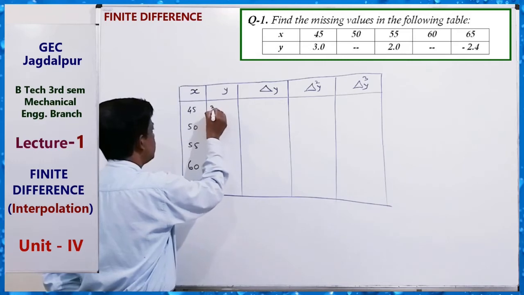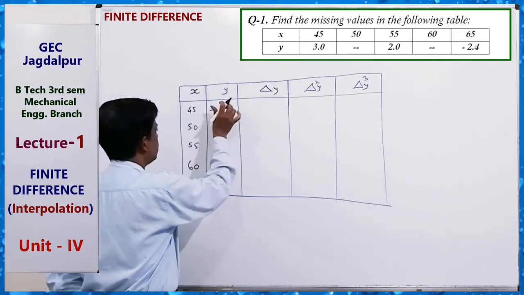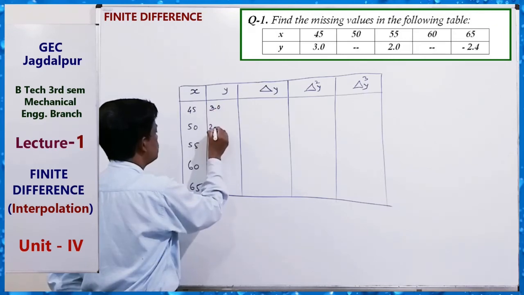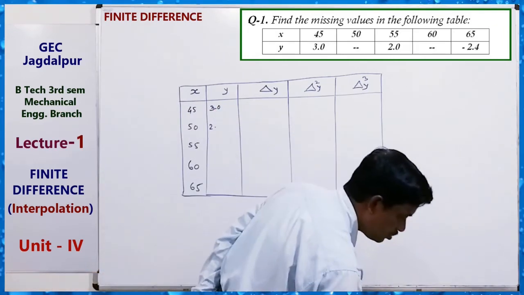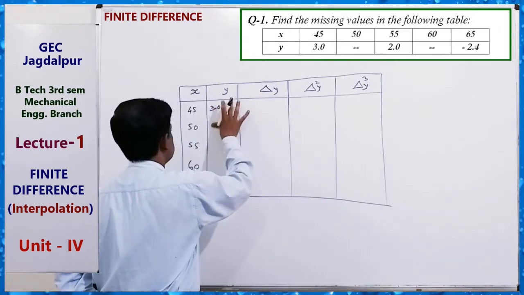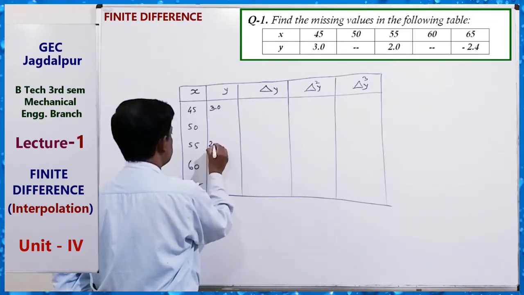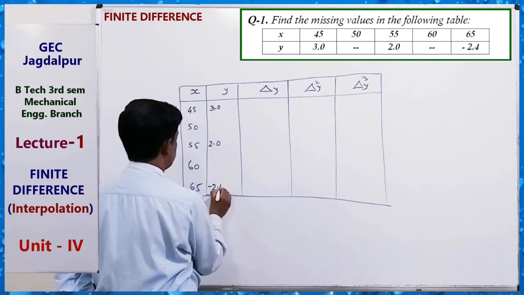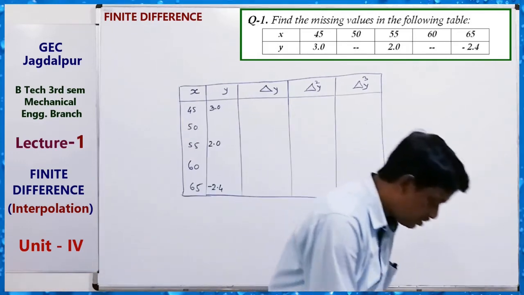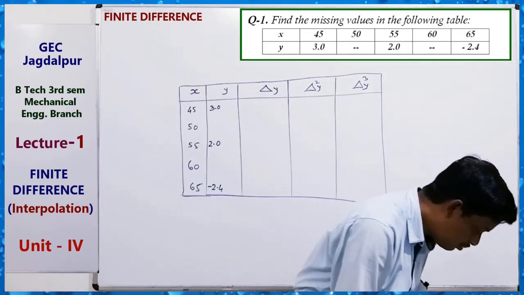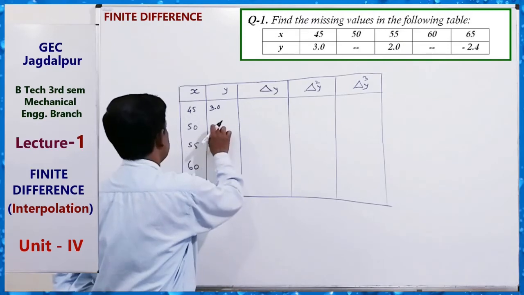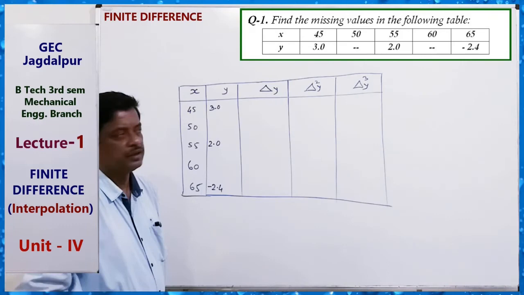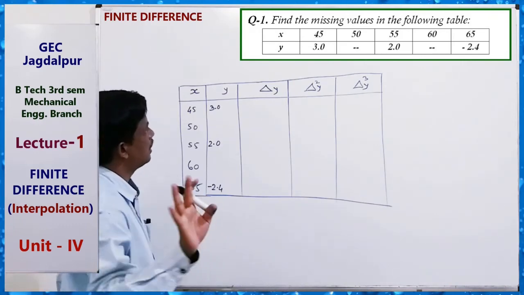Here at 50 and 60 nothing is given, it is a dash. So 3.0, 2.0 and minus 2.4 are given, and the values at 50 and 60 are not given.